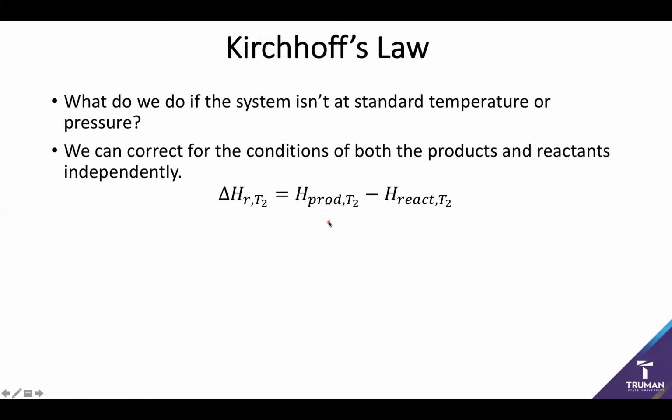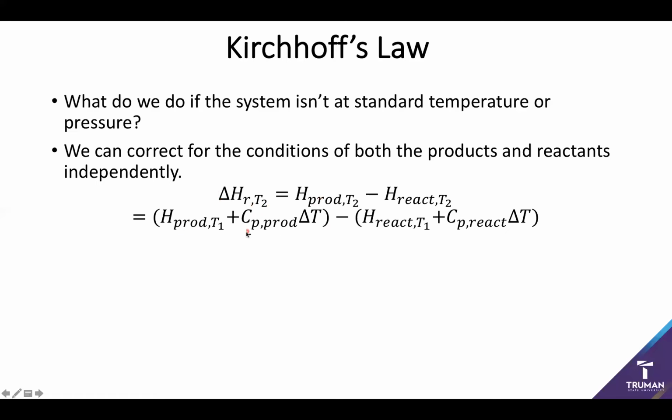So let's say I want to adjust my new enthalpy of reaction to a temperature 2, and I already know it at, say, temperature 1. Well, we can do this by adjusting my product and reactant enthalpy independently, because I know that my product's enthalpy is going to change based on temperature by the heat capacity.